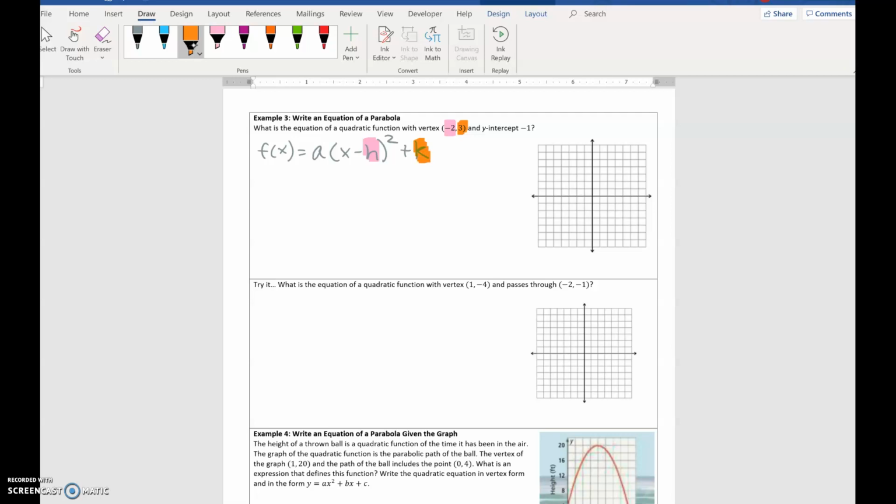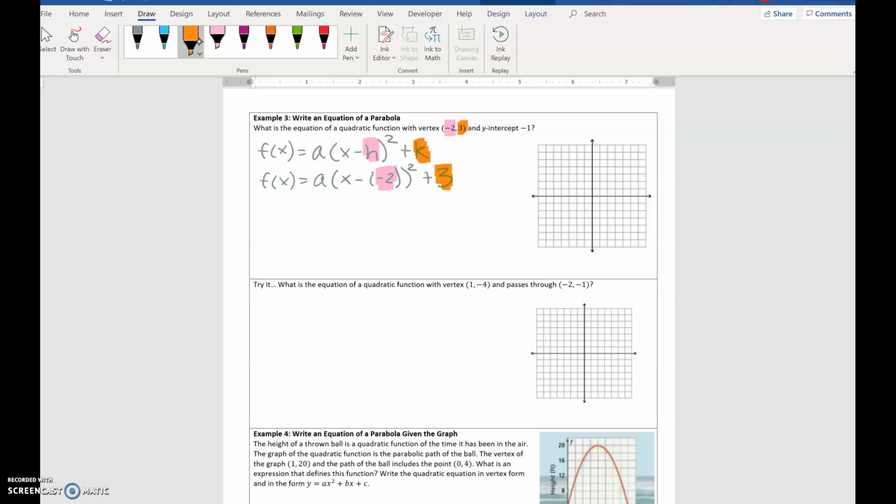So we're going to plug that information in. And when we do, we have f of x equals a times (x minus our h value, which is -2) squared, plus our k, which we said is 3.